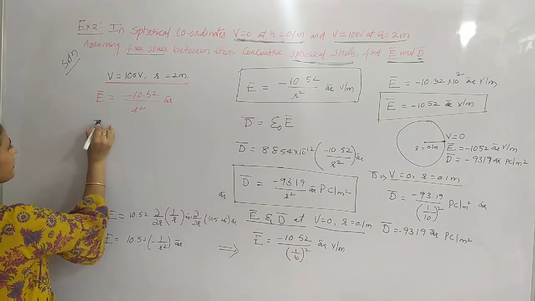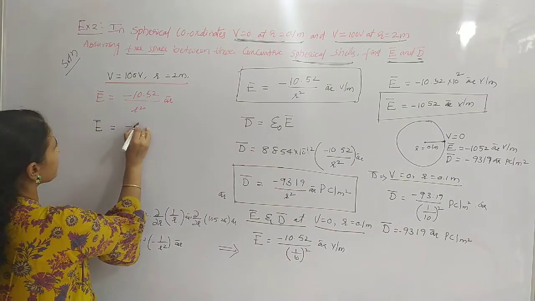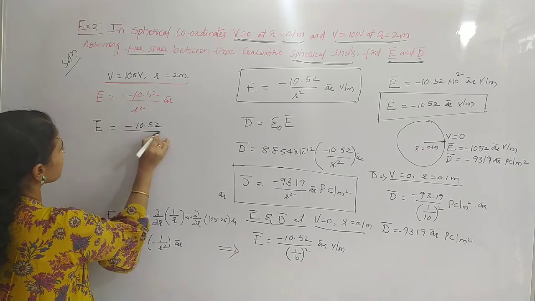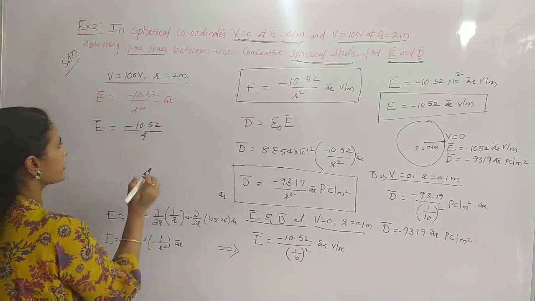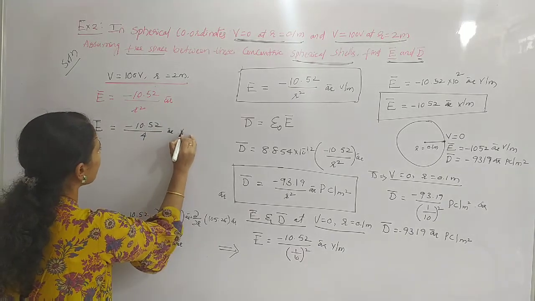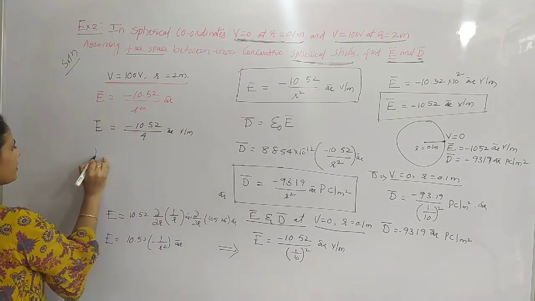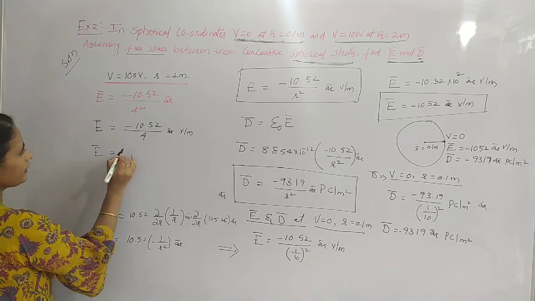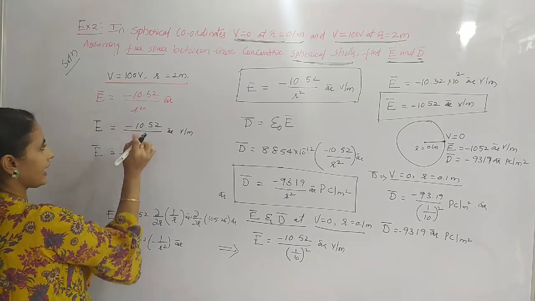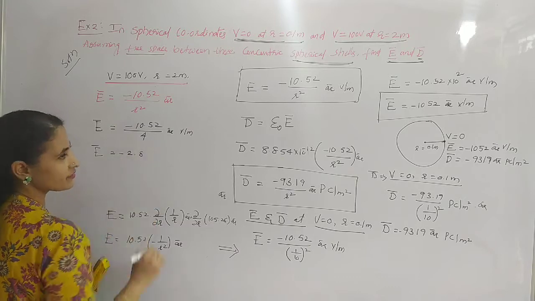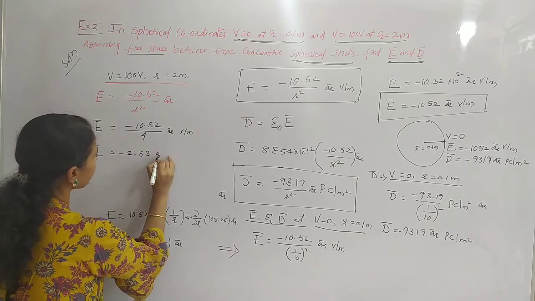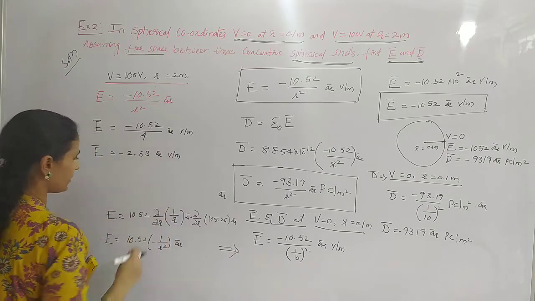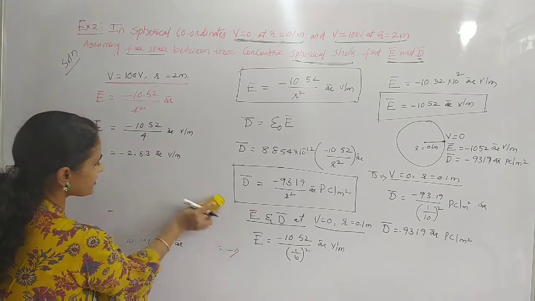So E bar is given by minus 10.52 over R square, which is 2 square, nothing but 4, AR volt per meter. So the electric field is minus 2.83 AR volt per meter.